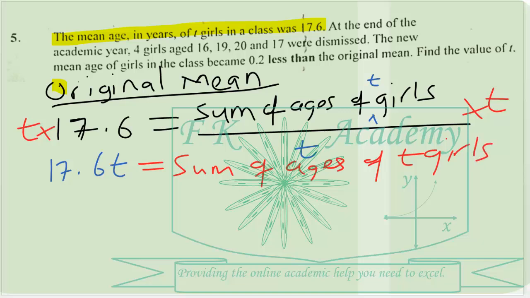Alright, so now that we know the sum of ages of the T girls, we're given another information. The next information given to us is that at the end of the academic year, 4 girls aged 16, 19, 20, and 17 were dismissed. So the new mean age. So new mean.